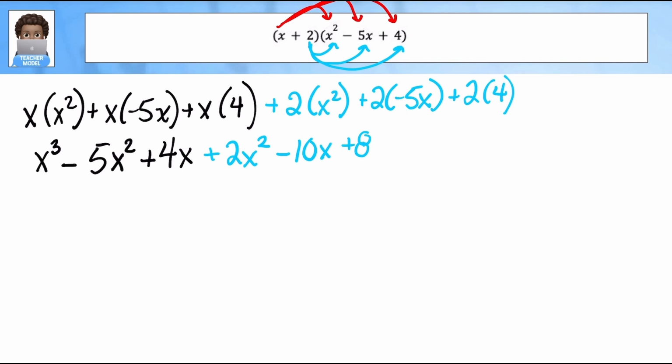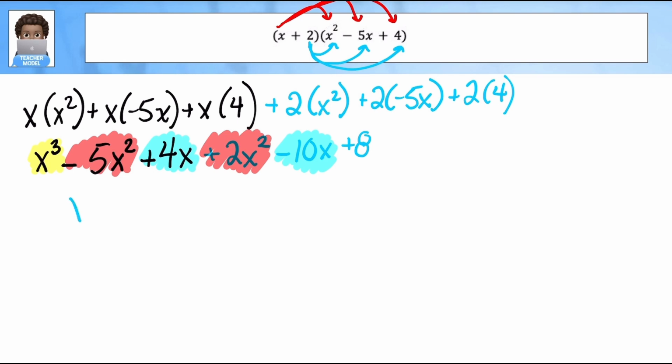So now you're again looking to see if you have any like terms. I have an x to the third power. I don't have anything else to the third power. So now I'm going to look to see, do I have anything to the second power? And I do, right here. And then finally, do I have anything to the first power? And I do. Okay, and then I just have the 8.